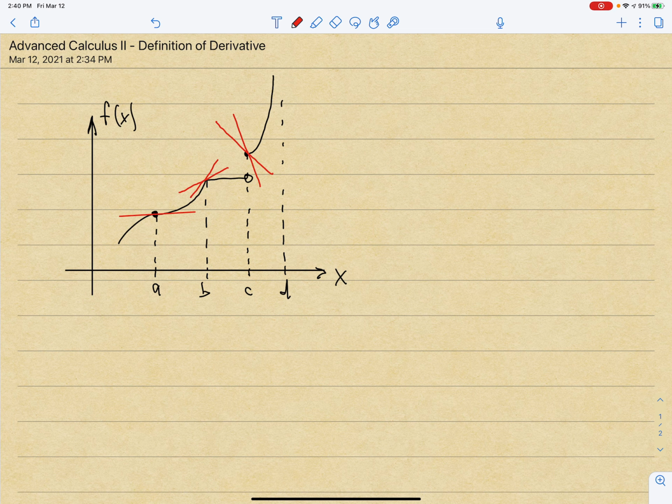And at D, my function is not defined, so there's no tangent line there. But as x approaches D, the slope of a tangent line becomes larger and larger, so it becomes infinite.